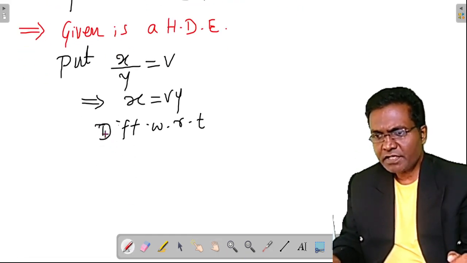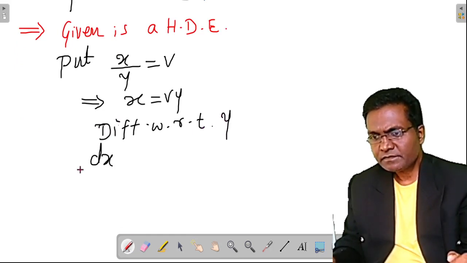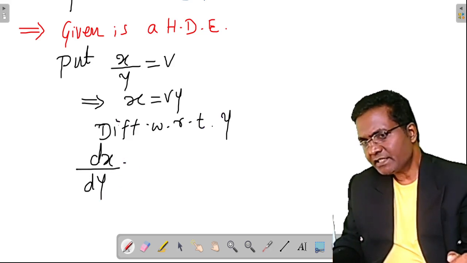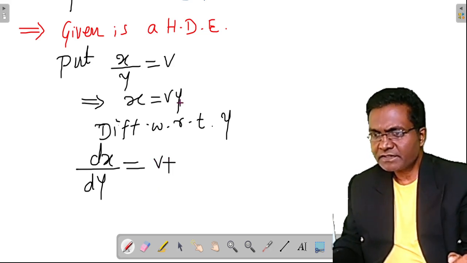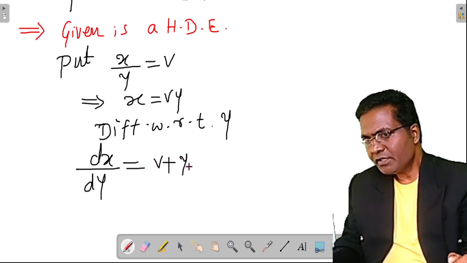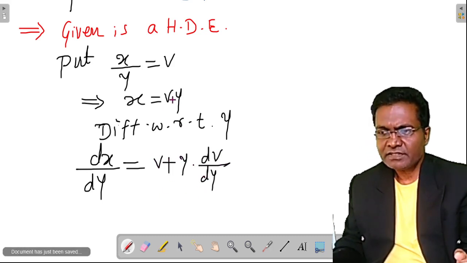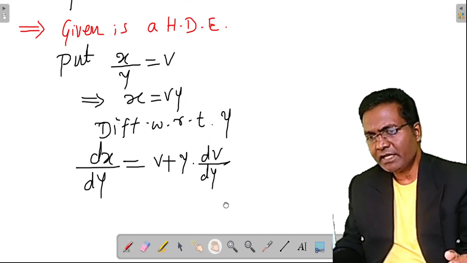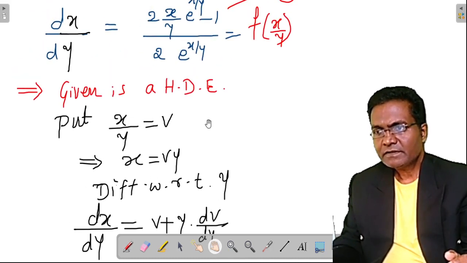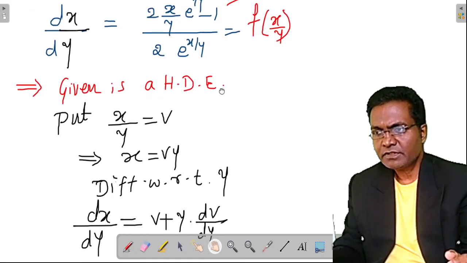So differentiate with respect to y. dx by dy equals v plus y dv by dy. As I explained, first v as it is, the derivative of y with respect to y is 1. Next y as it is, the derivative of v with respect to y is dv by dy. Now you substitute in equation 1.